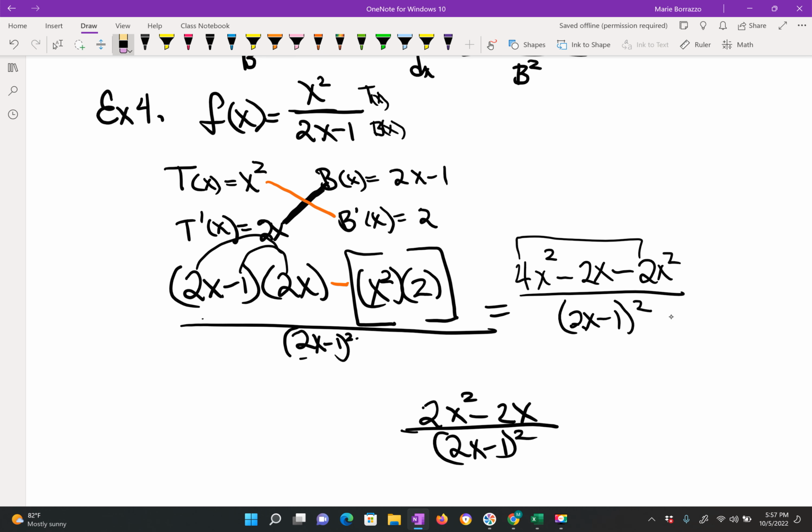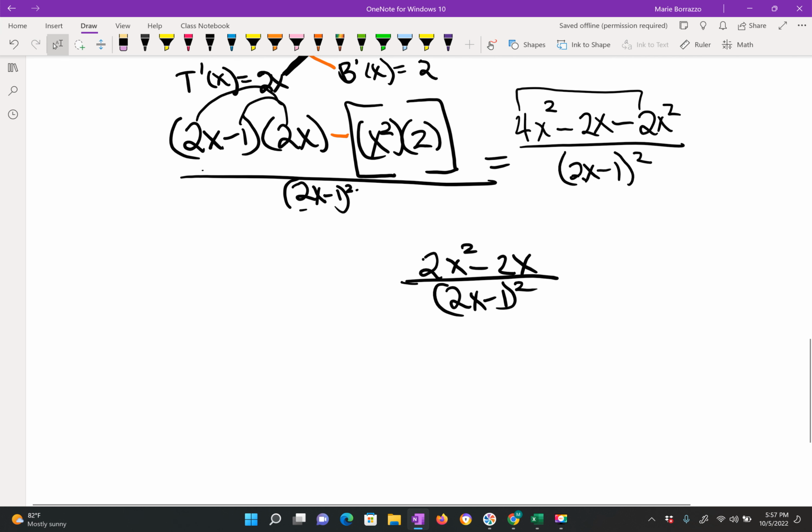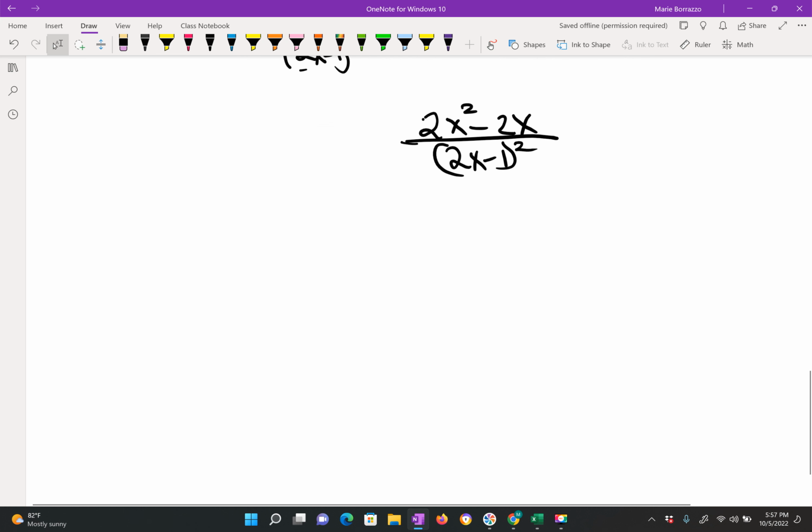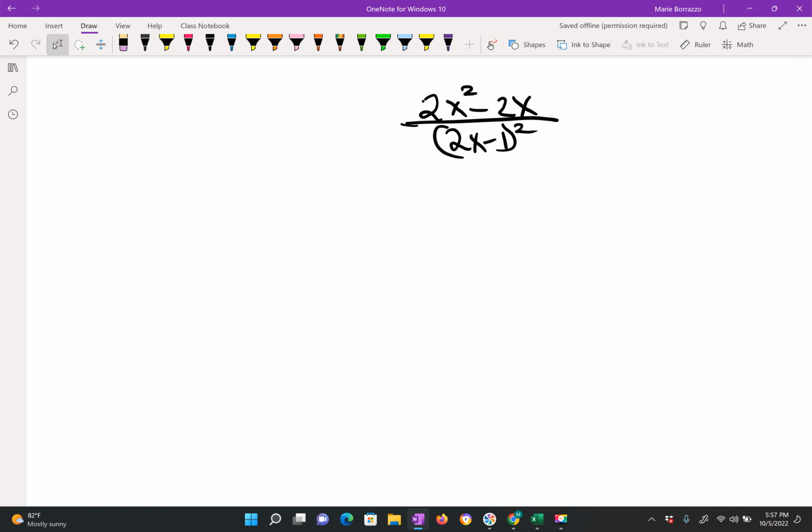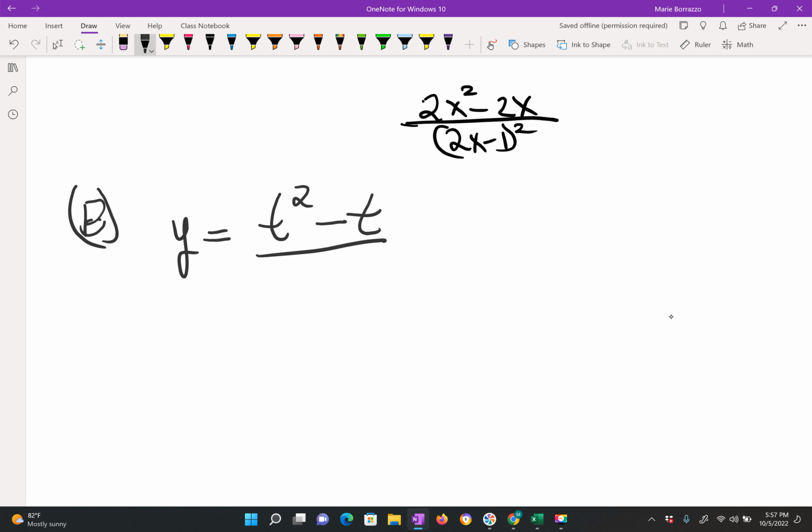All right, I have a ton of examples I want to share with you, so I'm running out of time. So let's look at B. Example B. They're giving us in this one y equals t squared minus t over t cubed plus 1. Find.